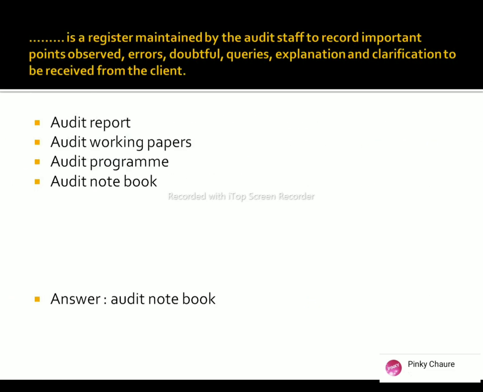Dash is a register maintained by the audit staff to record important points, observed errors, doubtful queries, explanations, and clarifications to be received from the client. Option is audit report, audit working papers, audit program, audit notebook.